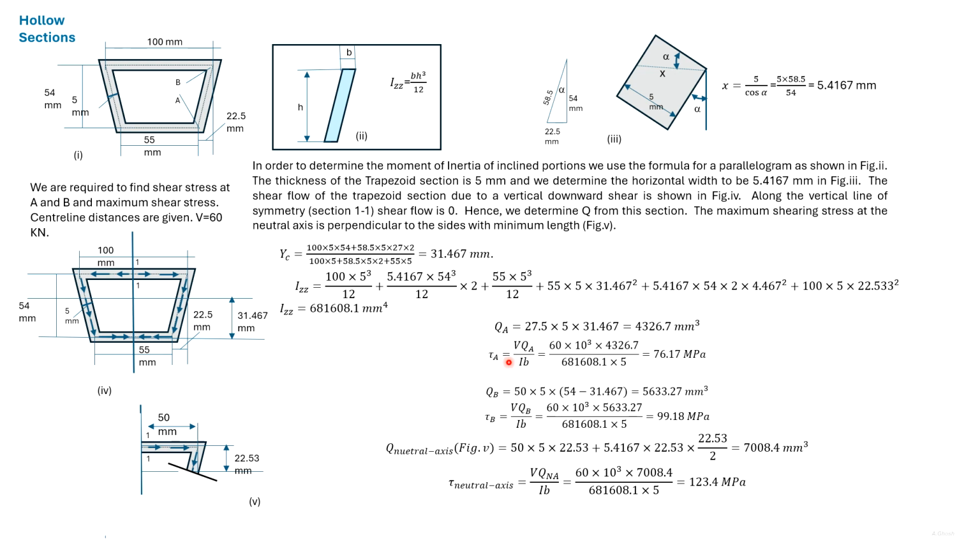So here we have got the Q related to the neutral axis. The maximum shear stress at the neutral axis will be along a length that is perpendicular to the sides, which is the thickness. So to find the shear stress at the neutral axis, we use 5 as B.